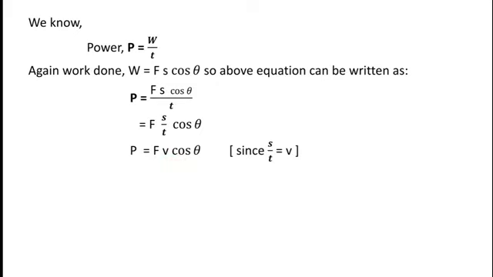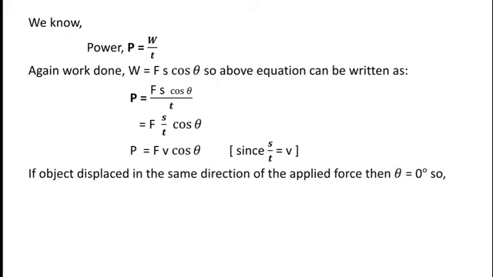Now if the direction of force and displacement are the same, then what can we write? If the object is displaced in the same direction as the applied force, then theta will become equal to 0 degrees. And if theta equals 0 degrees, then cos of theta equals 1. Now here, using this expression, we can write P equals F into V into cos of 0 degrees.